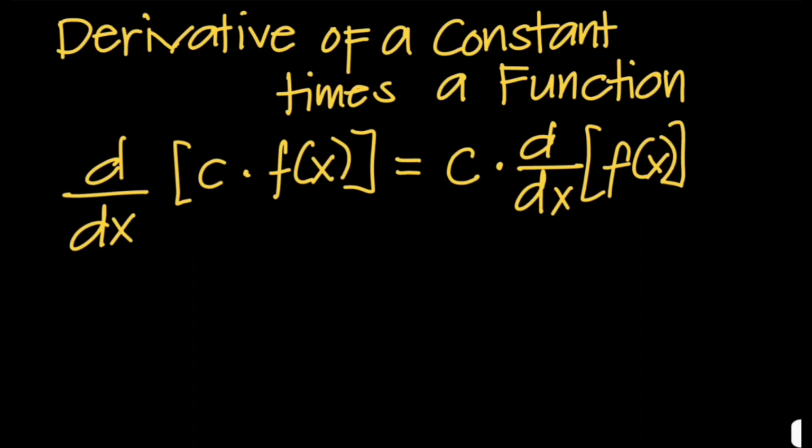So when you're given a function multiplied by a constant, you can just put the constant outside or factor it out, and then you get the derivative of the given function.